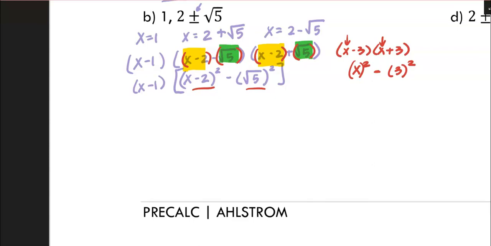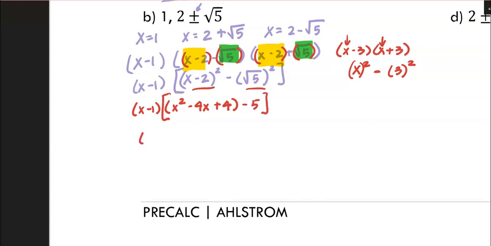prior to factoring. What is the opposite of factoring? An expression such as that. So when you have this, you have x minus 1, and then x squared minus 4x plus 4, and then minus 5.